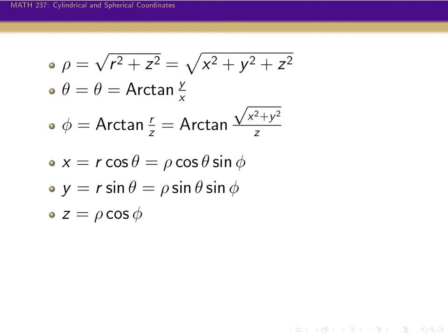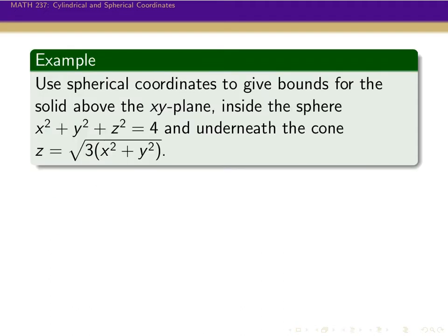Okay, so here are our conversions into spherical. So spherical, the name, you can think about rho because it's carving out distance. It very naturally and easily carves out parts of spheres. And so that's where the name comes from.